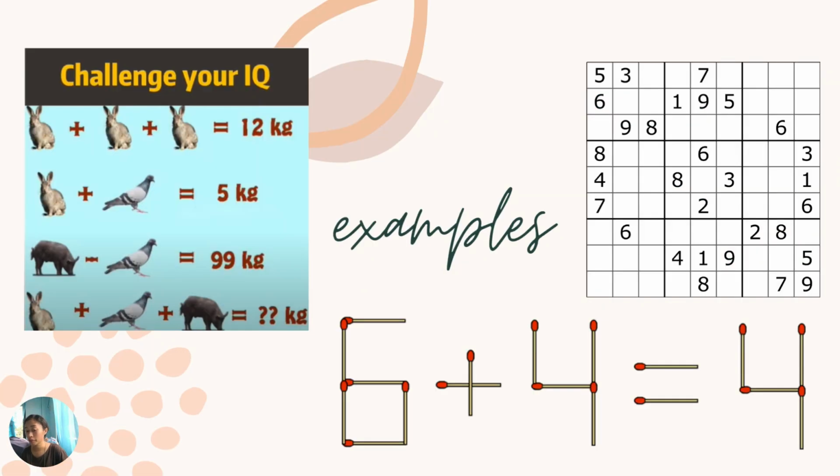Just like this. Pag may value yung kada figure. Or yung Sudoku, Tower of Hanoi, yung parang may 3 towers, tapos parang ililipat mo yung mga bilog na yon into the third tower.